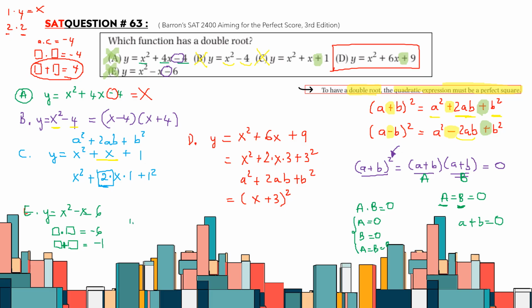For 6 you have 1 and 6, or 2 and 3. We can choose this one: put -3 here and you have 2 right here, so it matches. So this becomes (x plus 2)(x minus 3), and those two factors are not the same. So it could not be a perfect square.